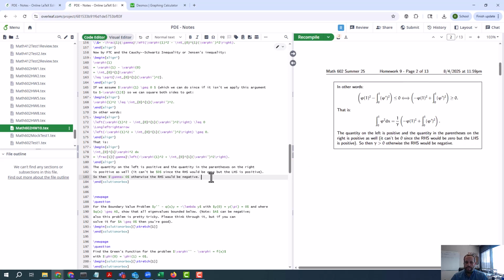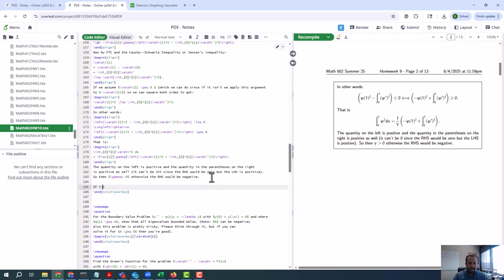Now, if gamma equals 0, this is phi of x phi double prime of x is equal to 0, or phi of x is equal to ax plus b, but phi of 0 is equal to 0. So 0 is equal to phi of 0, but phi of 0 is equal to b.